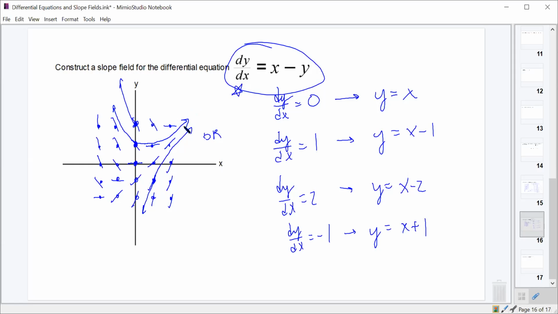But everything above this line would look pretty similar. They'd all have this same little scooping action. It gets super steep as you go to the left and approaches this line as you go to the right. Everything down here would curve like this one does, just based on what the slopes look like.